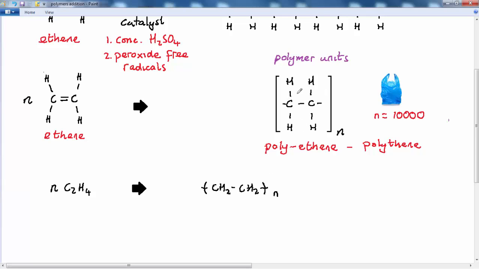That's this C2H4 polymer unit here, and what is often done is this unit is written within brackets like that, and then the adjoining bonds pass through that bracket. I'm not sure why they do that, but that's the way they do it, so that you're familiar with it. That just means the repetition of n of these polymer units. So you've got n molecules of ethene being changed into a polymer of n polymer units.